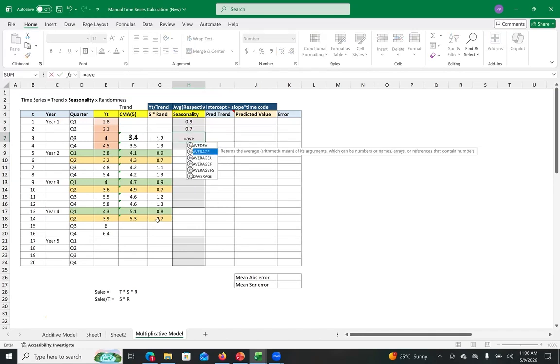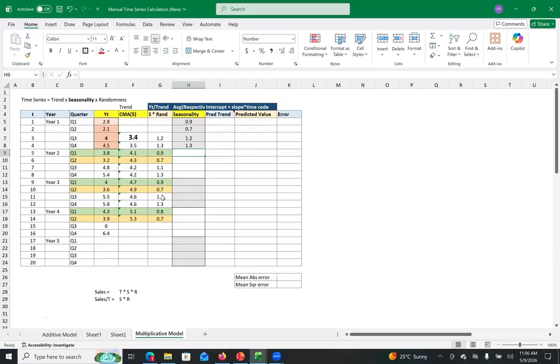Similarly, the average of all the quarter threes, and all the quarter fours. And then I will just simply repeat the seasonality value.